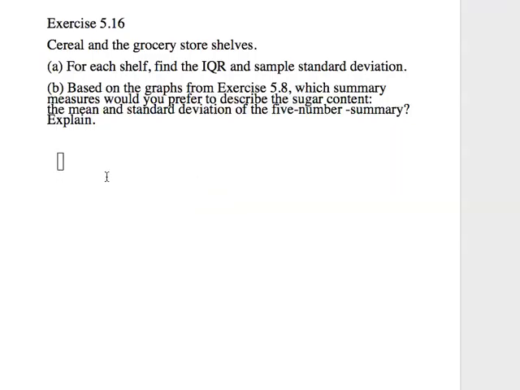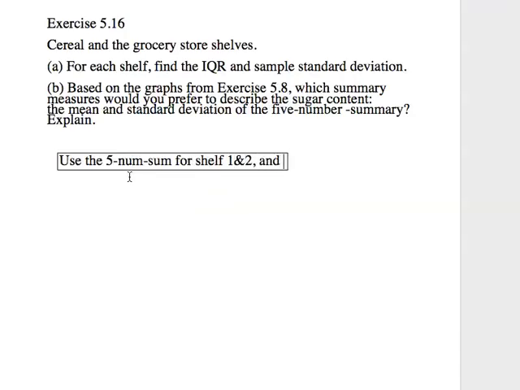So our answer for part B here, obviously I didn't write down part A, but I'm assuming you copied all that down while I was doing it, is we would say use the 5-num sum for shelf 1 and 2, and then use the mean and standard deviation for shelf 3.